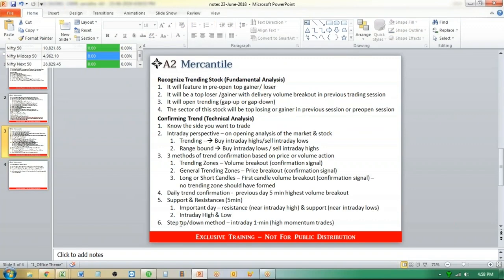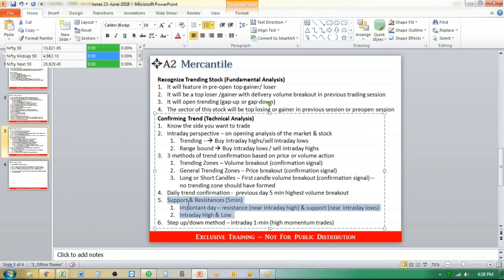Yeah. So on this one, support and resistances. Okay.